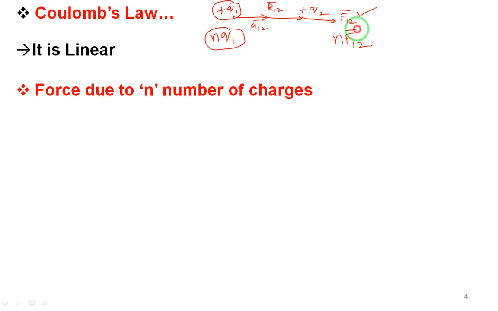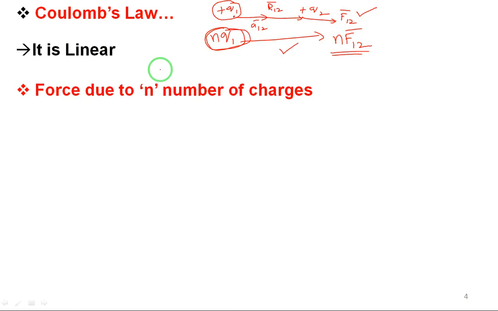The magnitude of the repulsive force experienced will be in the same proportion. If I increase the magnitude of charge Q1 by n times, the force also gets multiplied by n times. Hence we say that Coulomb's law is linear. This is the meaning of that.